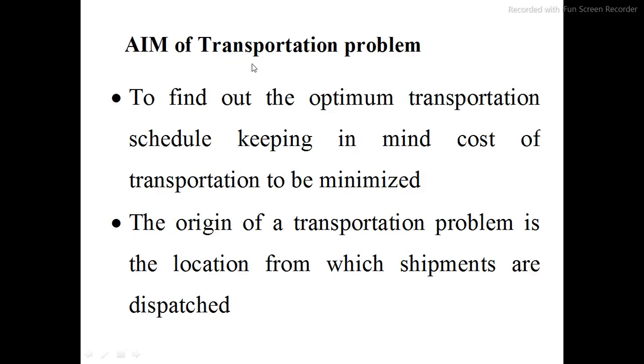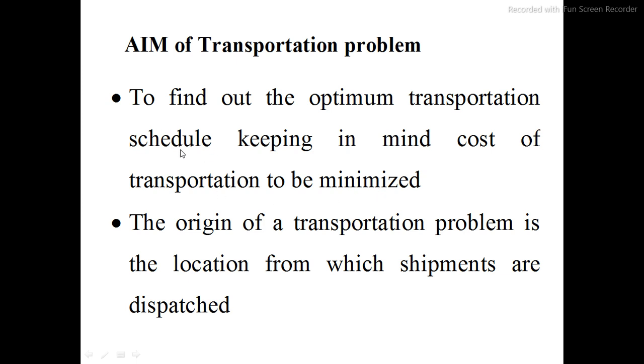Here, the aim of the transportation problem. So to solve any problem, there should be some aim. So what is the aim of this transportation problem? To find out the optimal transportation schedule, keeping in mind the cost of transportation to be minimized.